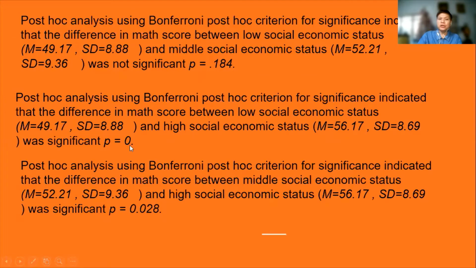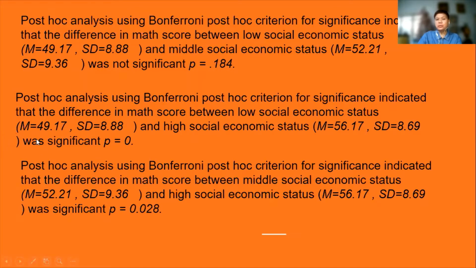Next is the comparison between the low and the high. As we mentioned, it was significant. The p-value is 0. So let us read it. The post hoc analysis using Bonferroni post hoc criterion for significance indicated that the difference in math score between the low and the high was significant because the p-value is less than 0.05. And then what are your disclosures?